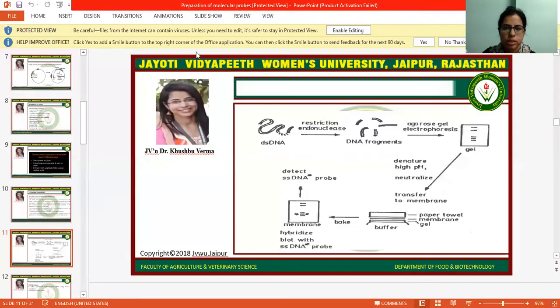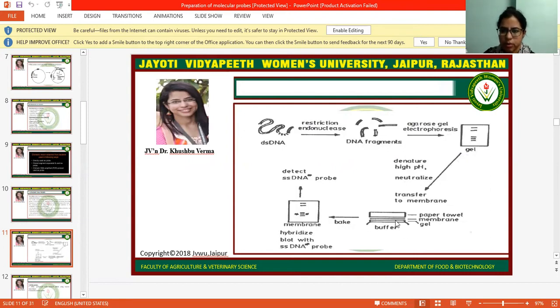You can understand it more by this diagram. This is the double-stranded DNA. Restriction endonuclease enzyme treatment has to be done, which creates DNA fragments, and then we go for the agarose gel electrophoresis process. After getting results on the gel, we go for the isolation and purification, and for the denaturation with high pH, neutralize, and transfer to the membrane.